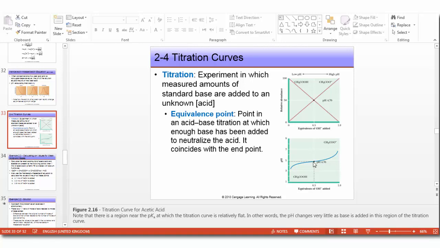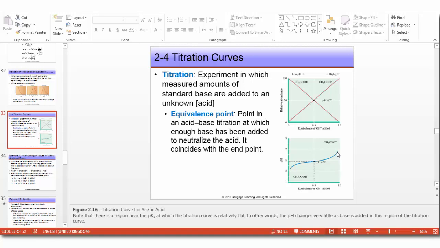This point is called midway titration, where both the acid and its conjugate base exist in a 50-50 ratio. Then we continue adding the base, and the pH continues to increase until the titration ends. This is called the end point or equivalence point, and in most cases these 2 points coincide, the equivalence point and the end point.